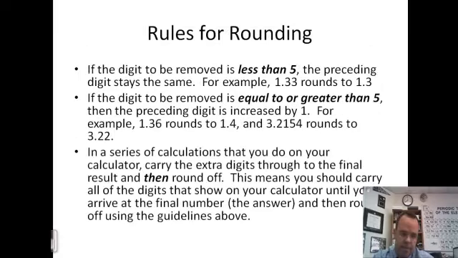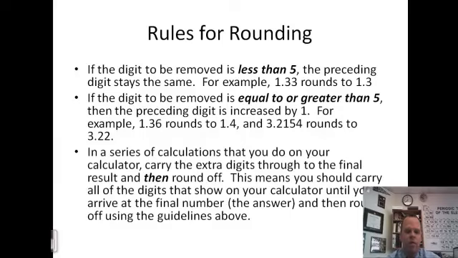Our basic rules for rounding: anything that is less than a 5 will round to the previous digit. So if we had 1.33, round based on the second 3, and we would keep it at 1.3. If the digit we're rounding based upon, the final digit, is greater than or equal to 5, we will increase the previous digit by 1, so we'll round up.